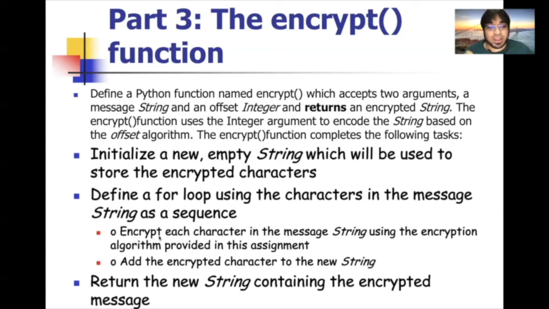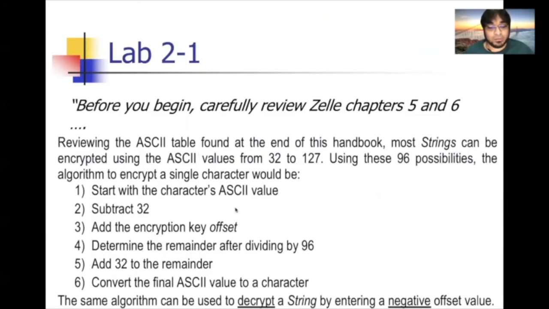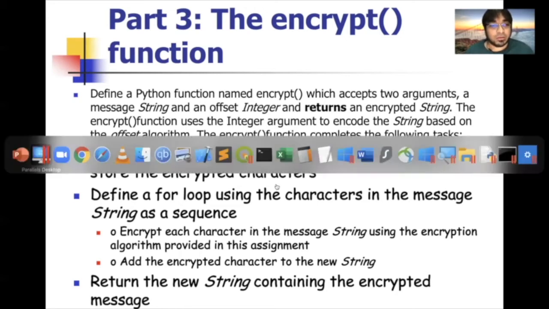For each character, we are going to apply that algorithm. Once we are done with each character of the string, we will plug it into the new string that we just initialized, the empty one initially. And finally, once we are done with the string, we will return it back. All right, so let's go ahead and code it.